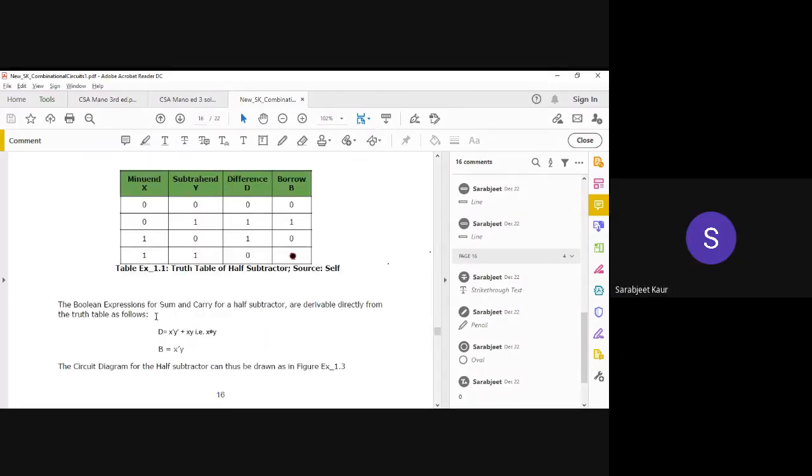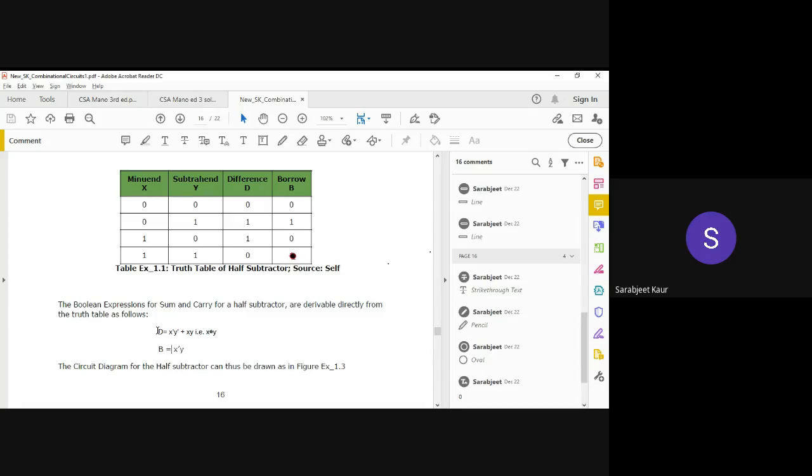So if you remember, what was the expression for sum of the half adder? It was again x XOR y. For half adder, I'm asking. So the expression for the sum output of the half adder was also x XOR y.